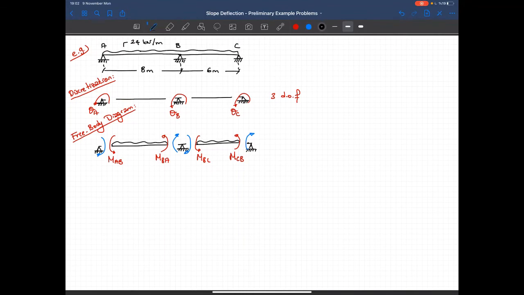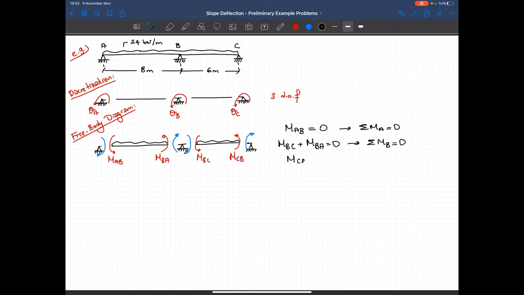So the equilibrium equations I have is at node A, the sum of moments must be equal to 0. That's my first equilibrium equation. At node B, sum of moments must be equal to 0. That gives my second equilibrium equation. So these are all nodal moment equilibrium equations at nodes.